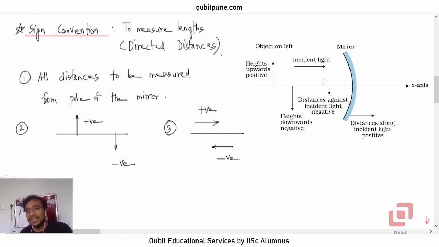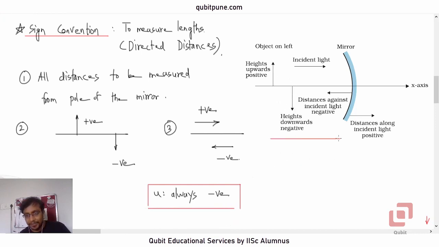Because we always place the object to the left of the mirror, the object distance u will always be negative. Is that clear? The object distance is always negative because we always place the object somewhere here. So this will be our u, if that arrow itself is an object. Is that clear?